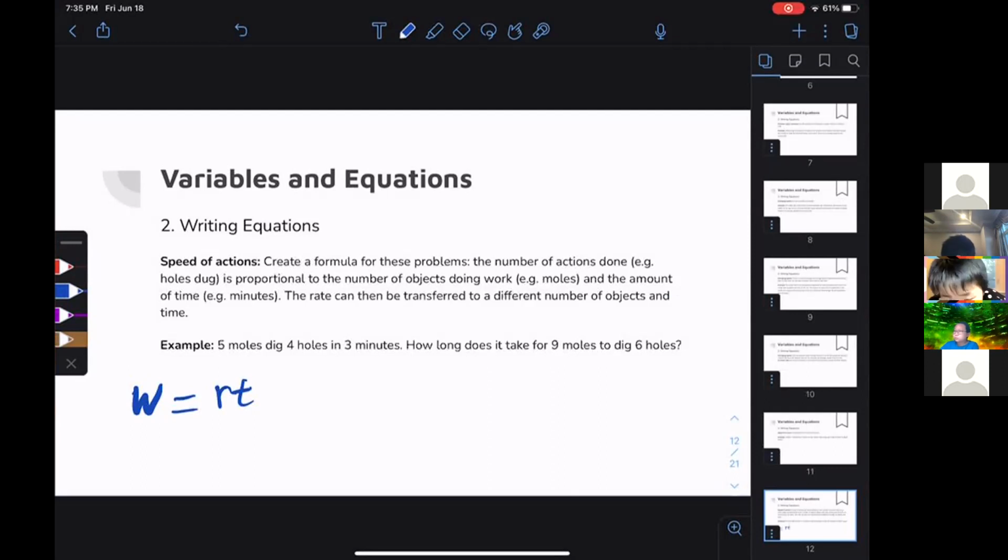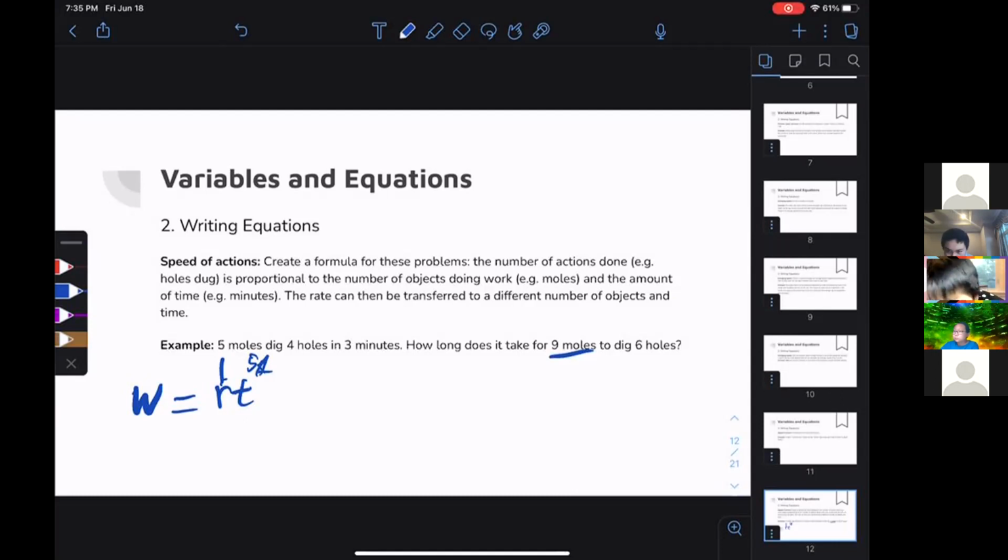So this is really 5 times the rate of 1 mole, and here it's 9 times the rate of 1 mole.